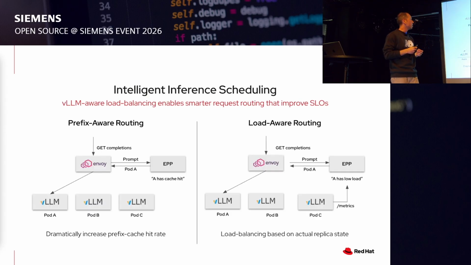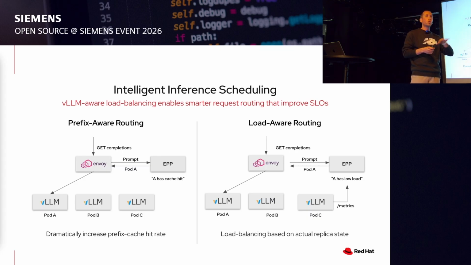Okay, first one, intelligent inference scheduling. This is the most simple way to deploy llm-d. It takes a look at 2 things mainly. It does load-aware routing, so it looks at which pods have the lowest load in terms of queue size, normal load balancing stuff.